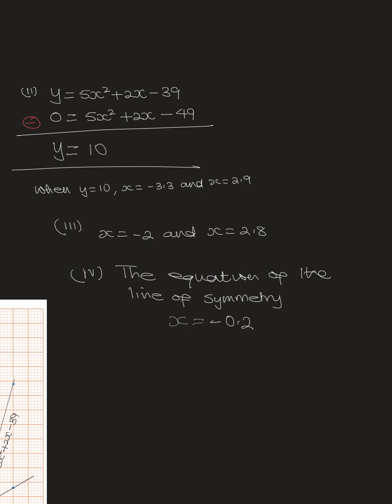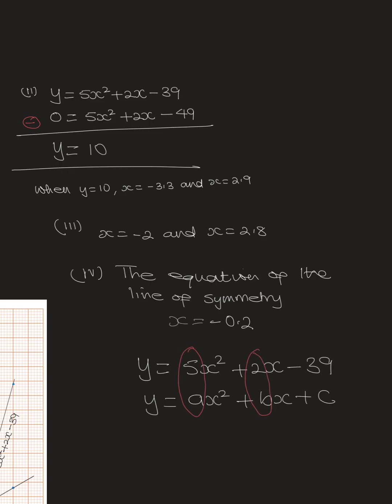We can determine this with the main quadratic equation that is given, which is y is equal to 5x squared plus 2x minus 39. If we use the general quadratic equation, which is y is equal to ax squared plus bx plus c, by comparing the two, a is equal to 5 and b is equal to 2.